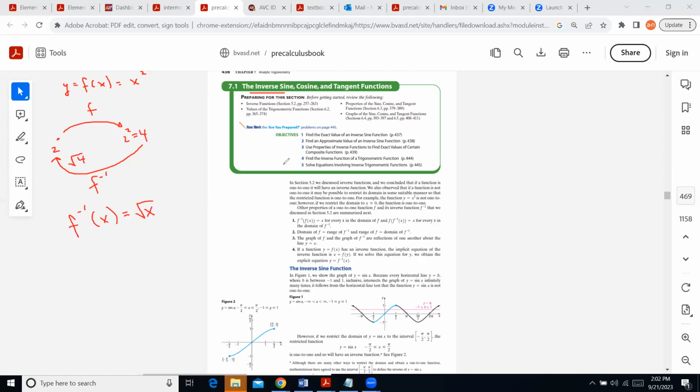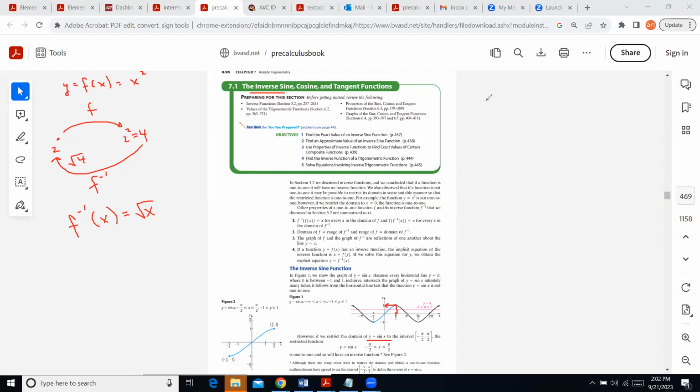I guess that's the key observation about inverse functions, and that's what happens when you also look at the function sine, which takes various values of x and sends them to y, right?